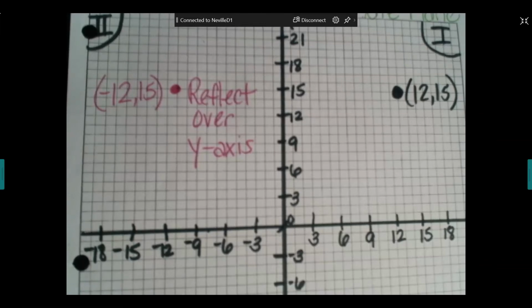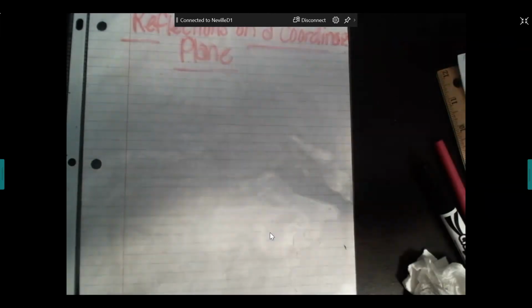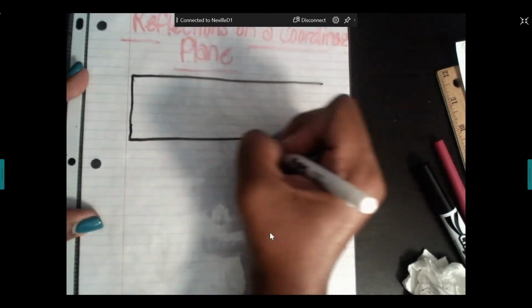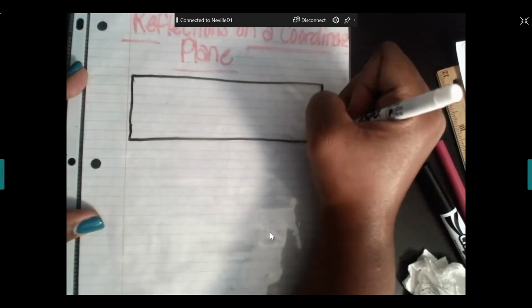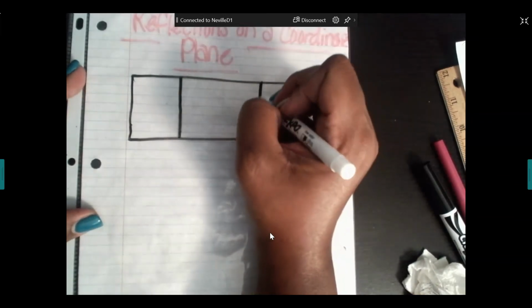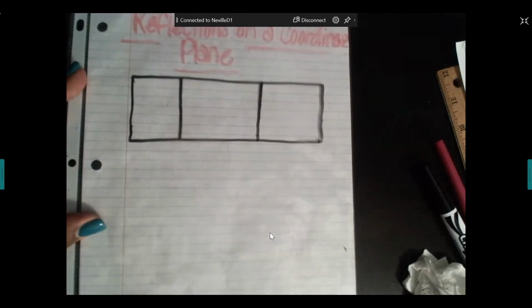Okay? So let's move back to our notebook paper. So in our notes here, we're going to create a box where we're able to see that pattern. You're going to create a chart. Doesn't have to be huge. We're back on our notebook paper. I'm going to have 3 columns here. And one of those columns, you'll notice, is skinnier than the other 2.